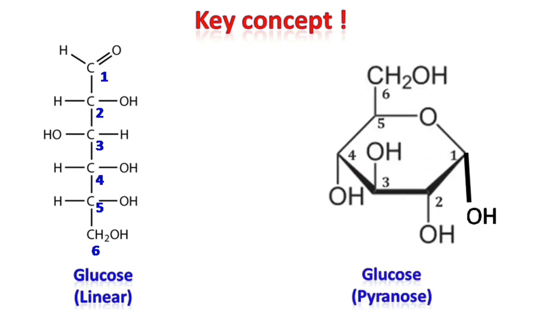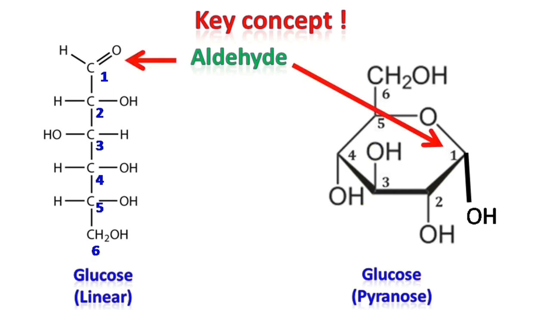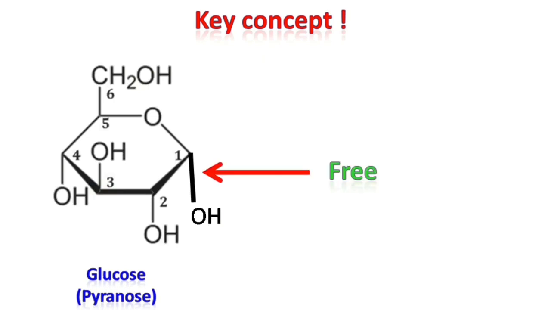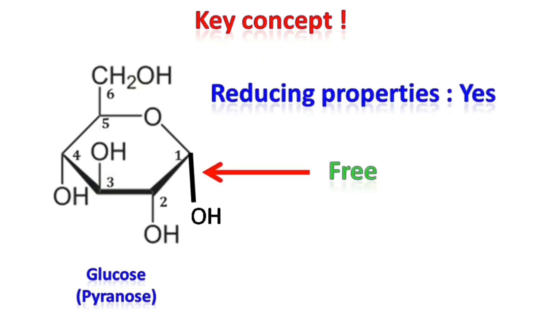It is the first carbon atom that has the aldehyde group, so the first carbon of glucose has the reducing properties. If this bond is free in disaccharide, then the disaccharide will be reducing, otherwise it will be non-reducing.